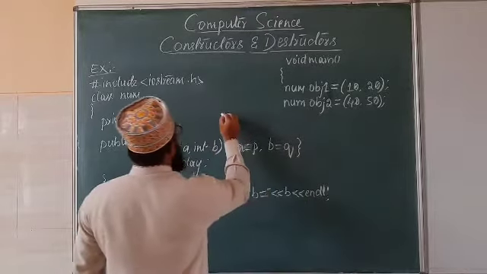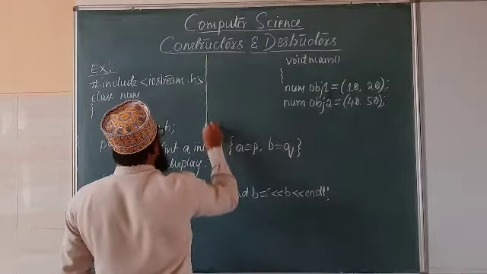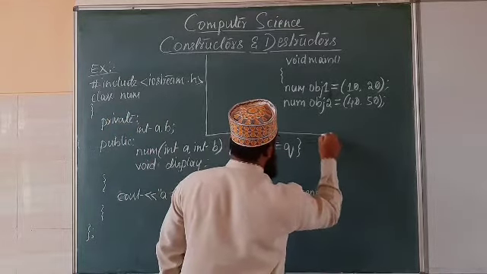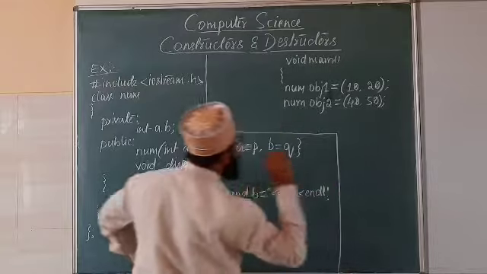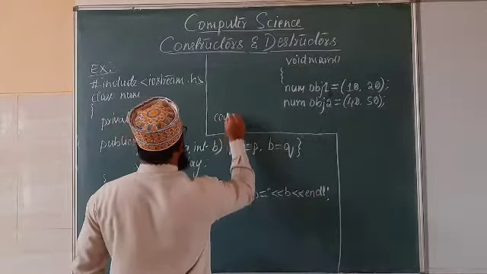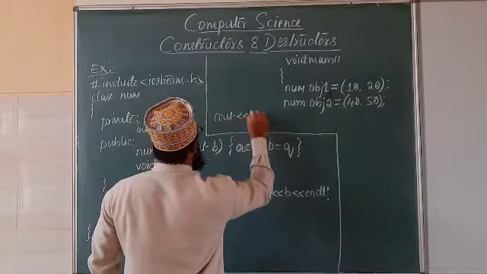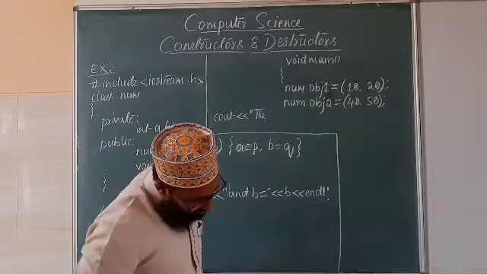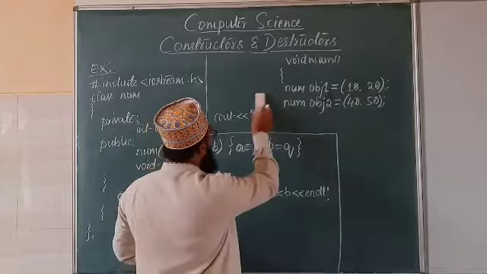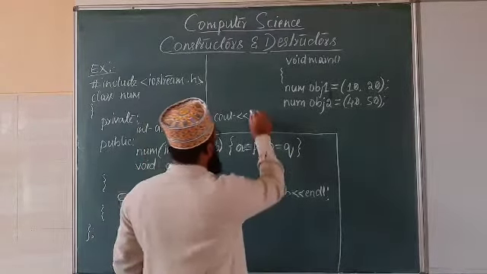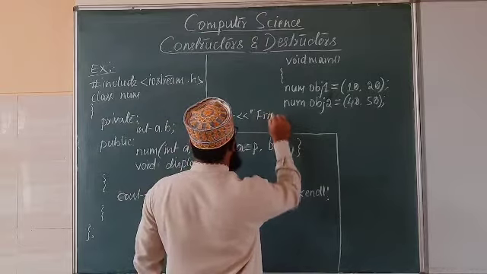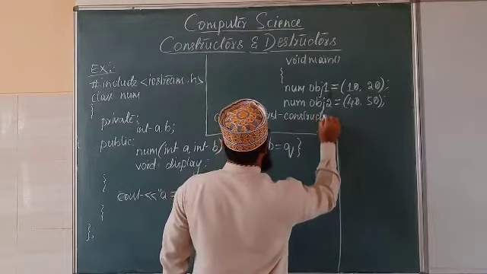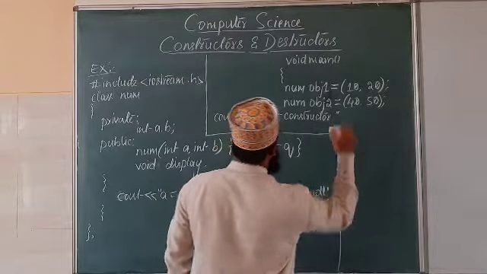I will write from here, so you can clearly understand this. Here, we give cout, this is the first constructor.